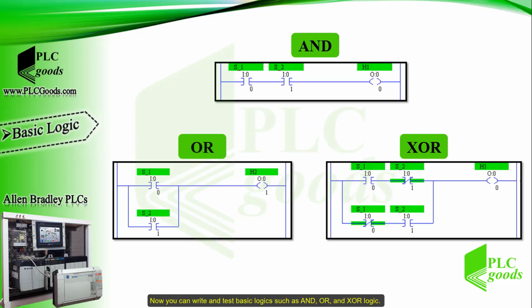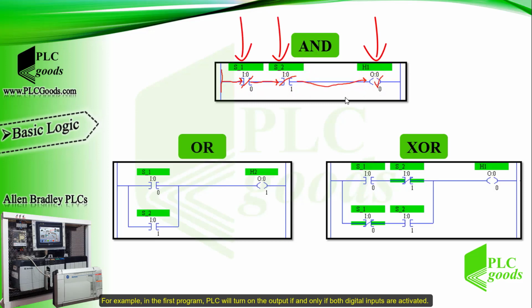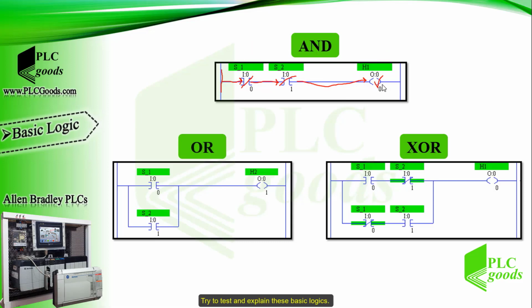Now you can write and test basic logics such as AND, OR, and XOR logic. For example, in the first program, the PLC will turn on the output if and only if both digital inputs are activated. Try to test and explain these basic logics.